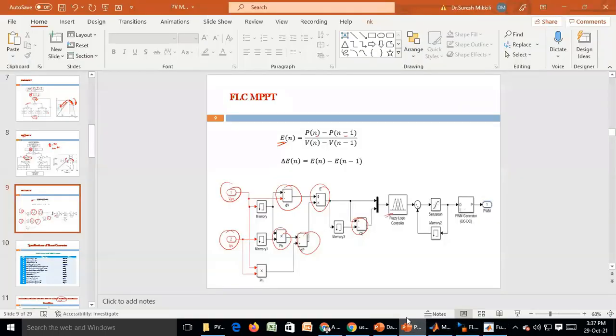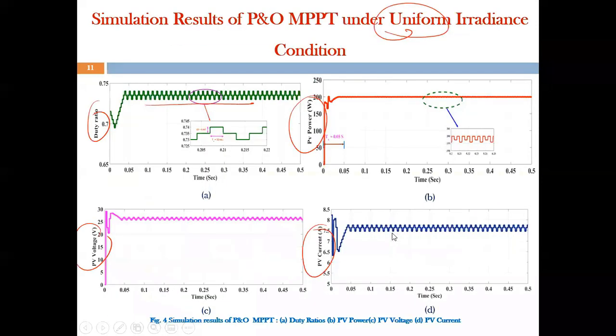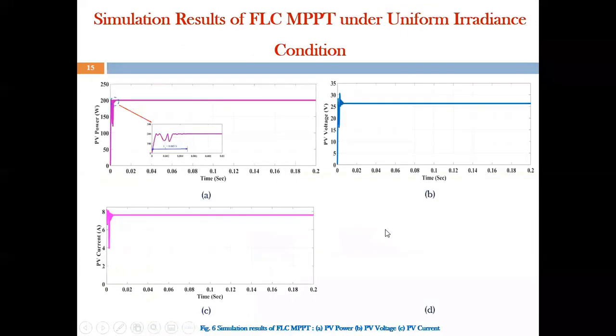So by considering fuzzy, I will show you how the results have come. Here with the fuzzy logic controller, I have taken PV voltage 26 volts, PV current 7 amperes, and PV power. Now one thing, did you observe?